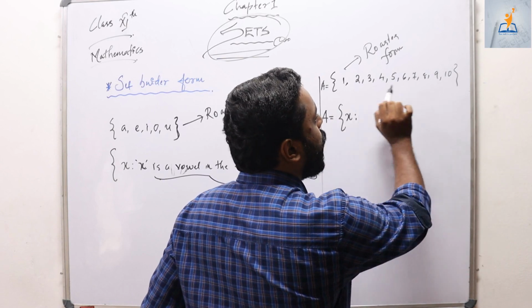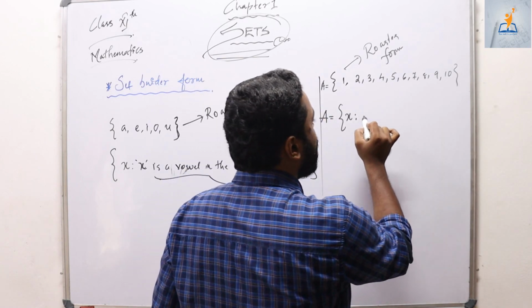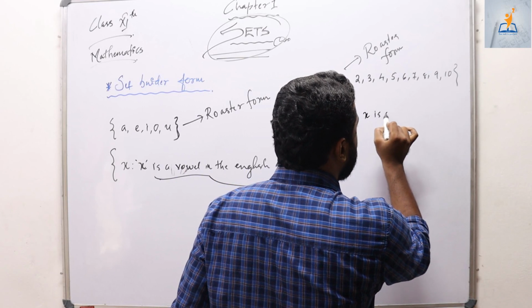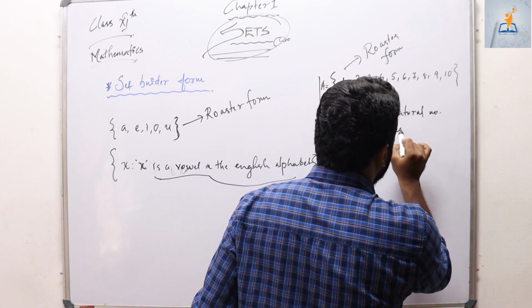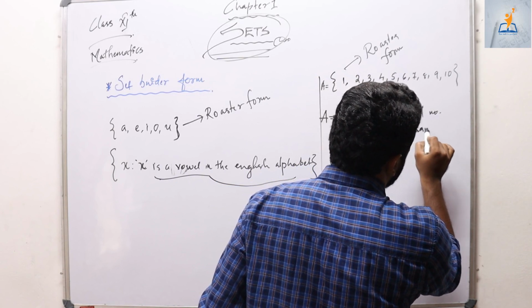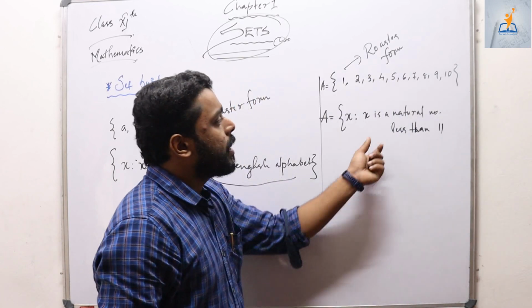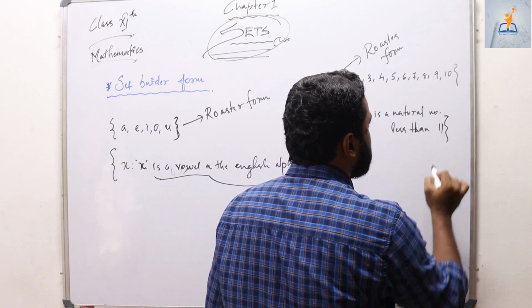The property owned by all these elements in the set. x is a natural number less than 11.